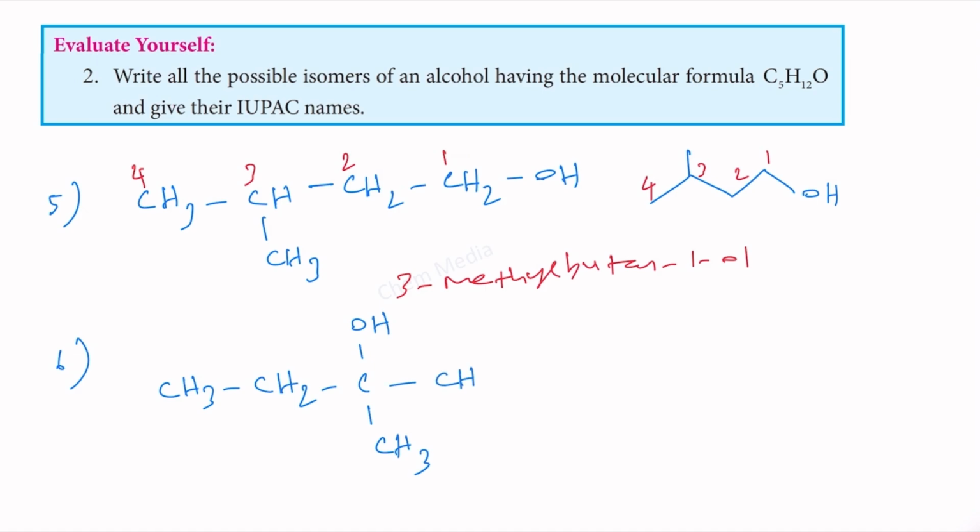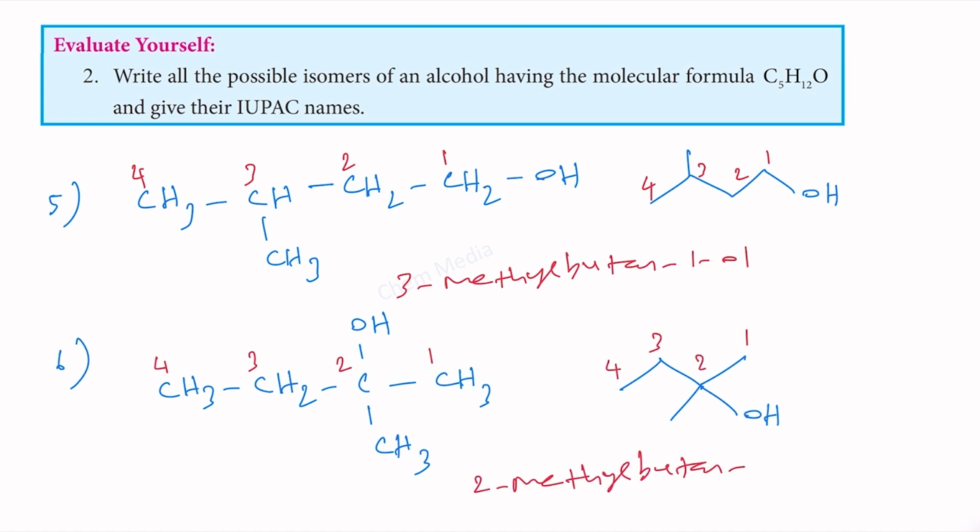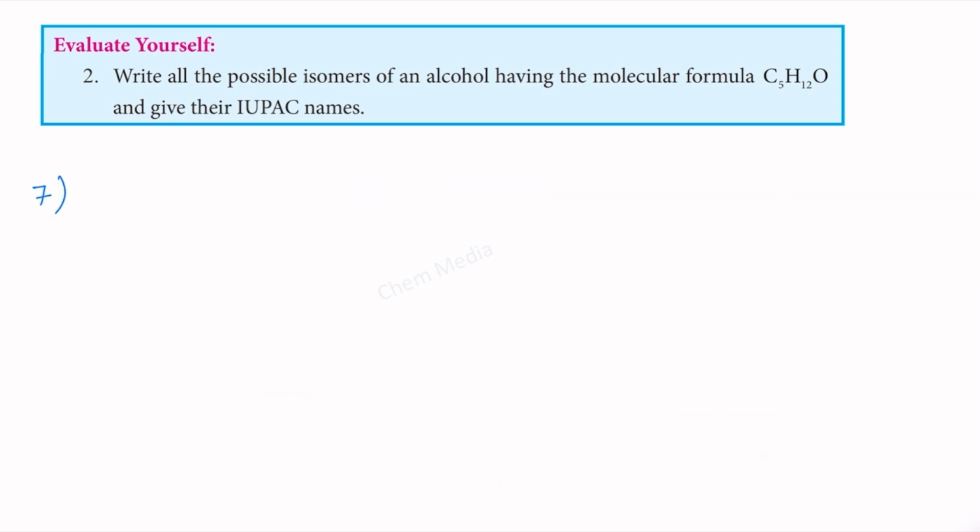The same structure in bond line notation will be 1, 2, 3, 4, with the alcohol functional group and methyl group at the same 2 position. This is 2-methyl-butane 2-ol.